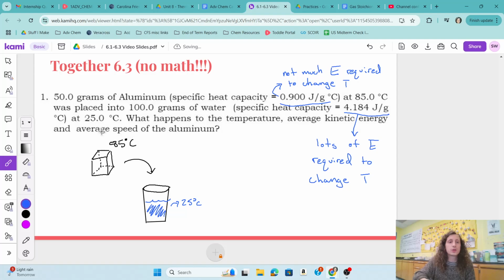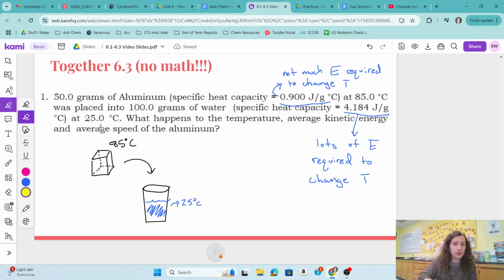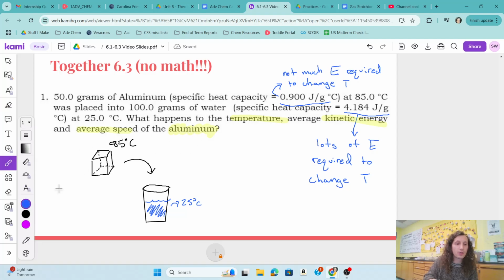Okay, so this question is really just asking about what happens to the aluminum, and we're specifically asked temperature, average kinetic energy, and average speed. Now, hopefully by now you can make the connection that all three of those things are directly related. So temperature, right? The initial temperature of the aluminum is higher than the water's, so aluminum's temperature is going to decrease. Because temperature is the average kinetic energy of a sample, kinetic energy has to decrease proportionally.